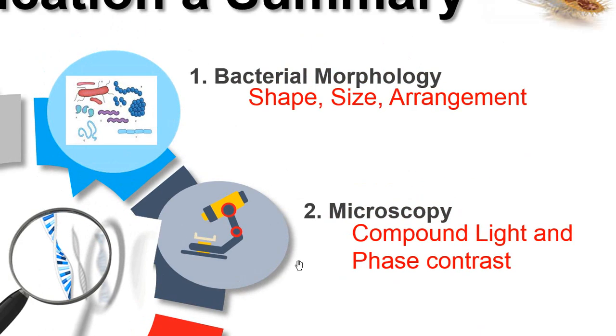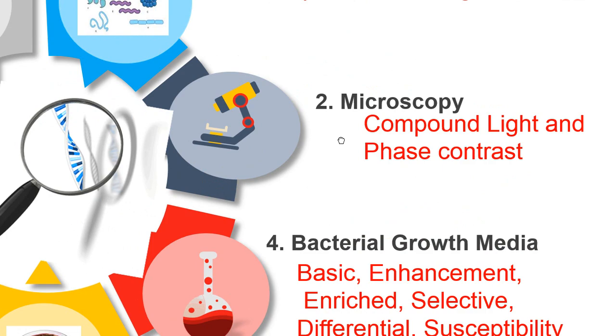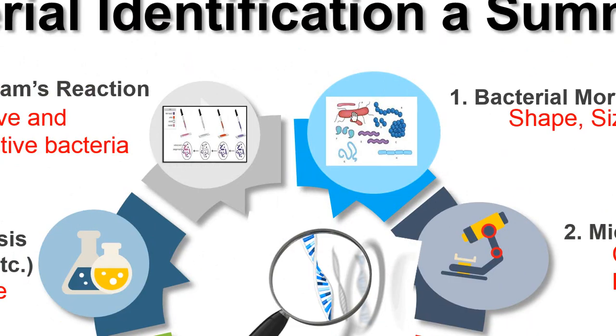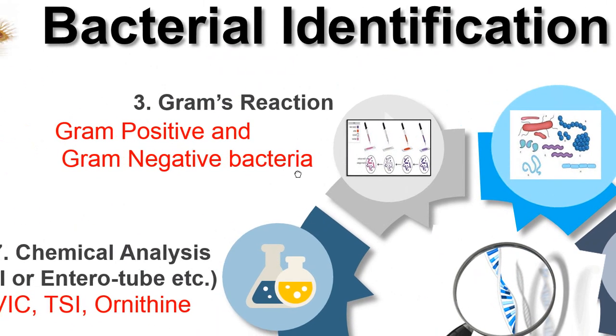With the help of the microscope, we look for the shapes, sizes, and arrangements of these bacteria. Now, here comes another issue: these bacteria can appear in different colors. The most common method of dividing these bacteria into two very large groups at the first point is called Gram's reaction, or the Gram staining method.